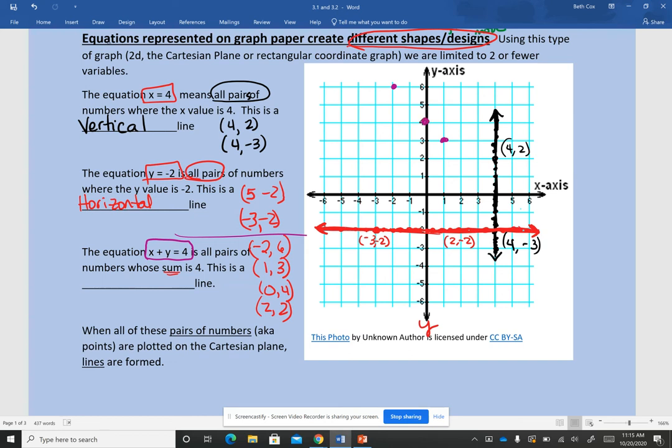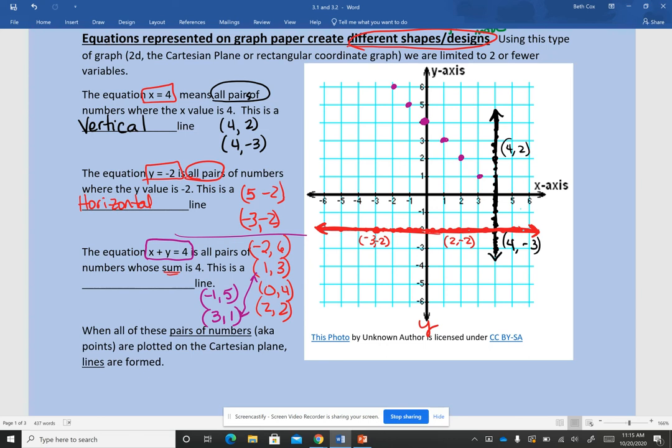2, 2 is here. Now, notice that these 4 points are kind of lining up, and I could put a couple more in here. How about negative 1, 5? How about 3, positive 1? Now, that's different. Okay, those are different. 1, 3 is an x called 1 and a y called 3, and 3, 1 is an x called 3 and a y called 1, so they're different.